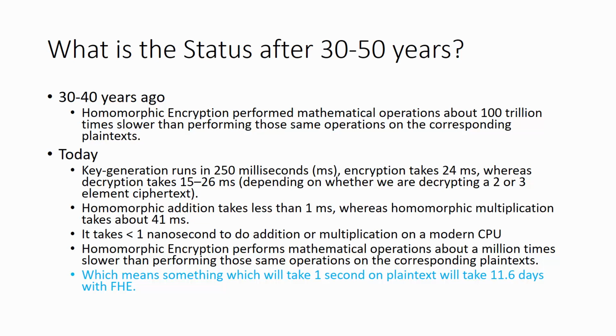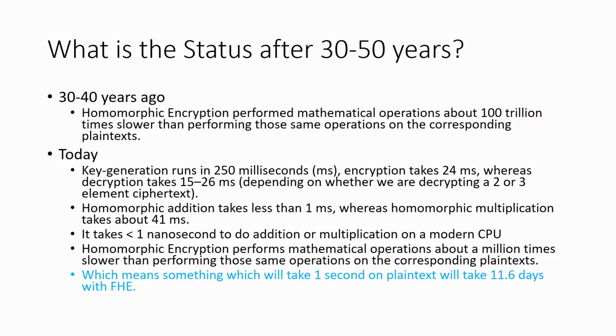Now, you might think that this is not an issue, but it actually is. On a CPU, on a modern microprocessor, it takes less than a nanosecond to do addition or multiplication. If you compare nanoseconds with these millisecond timings, you would realize that homomorphic encryption today has improved by orders of magnitude, but is still a million times slower than performing the same operations on unencrypted data.